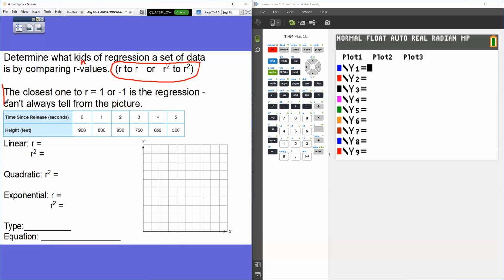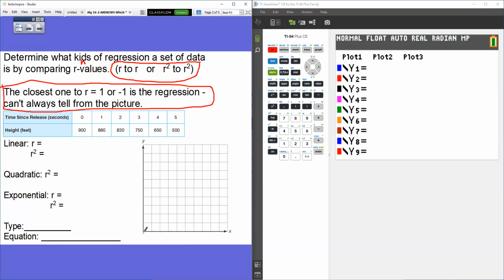The one that is closest to either R equals 1 or R equals -1 is the type of regression. So when you figure out your R values, we're going to do one for linear, for quadratic, and for exponential. Whichever one is closest to either 1 or -1 is the type of regression that it is.